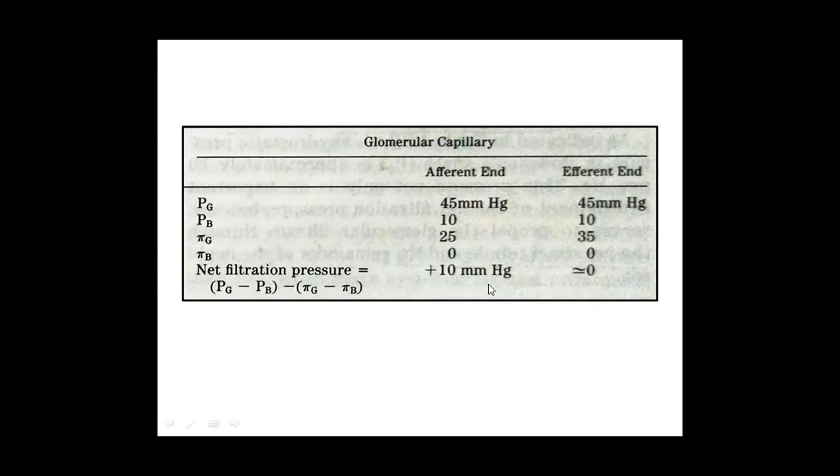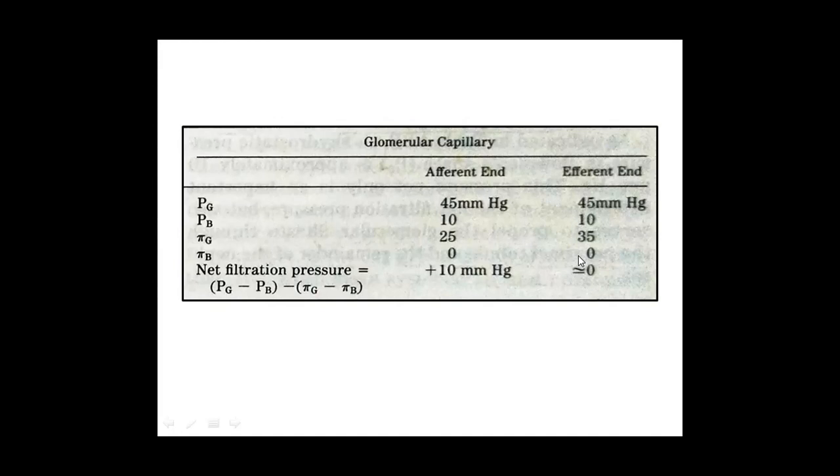Now another interesting thing happens with pi GC, the oncotic pressure of the glomerular capillary. In an ordinary capillary, oncotic pressure remains the same throughout the capillary. But in the glomerular capillary, as a large amount of fluid is shifted out of the vascular lumen, at the efferent arteriolar end the blood becomes much more concentrated and the relative concentration of protein is increased, as a result of which the oncotic pressure increases.